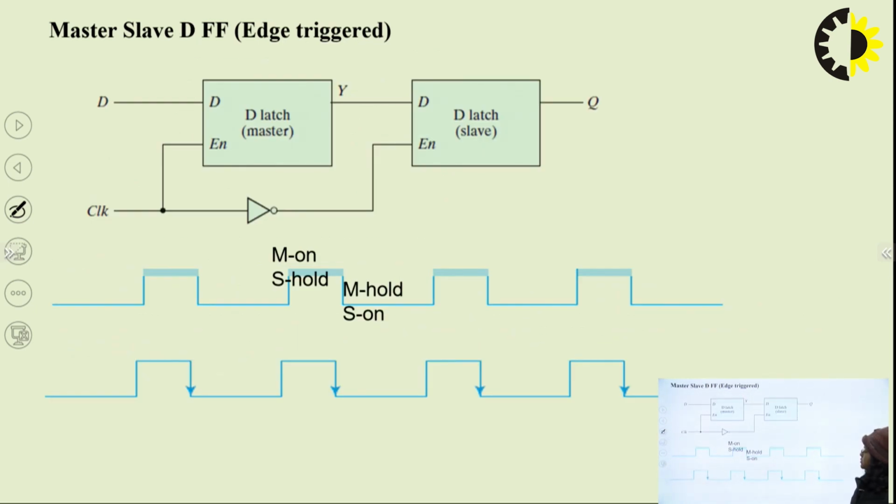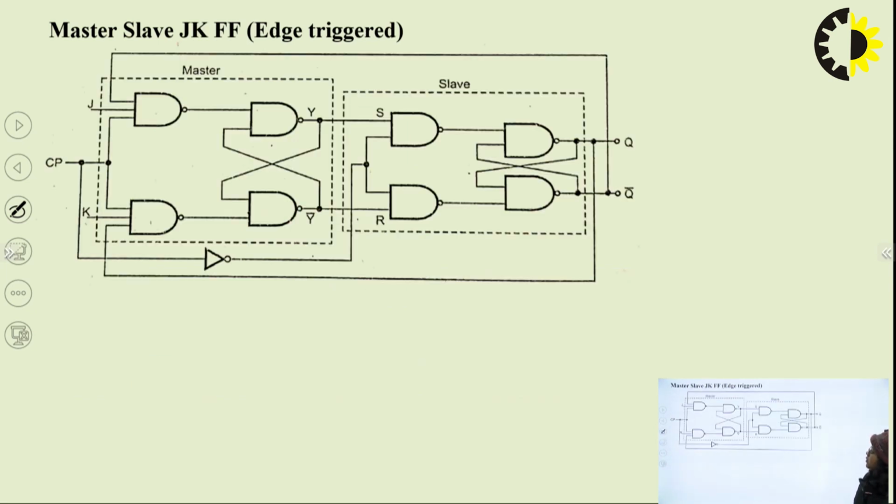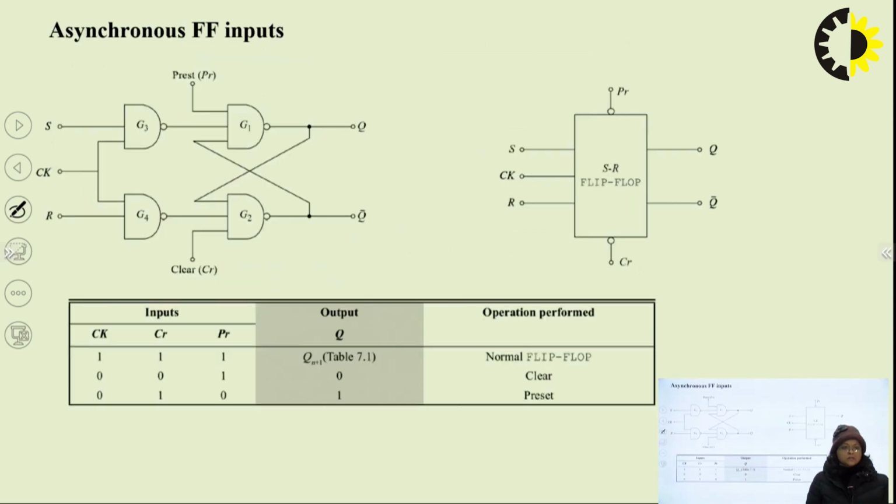So this is the master slave SR flip-flop. Similarly, this is the master slave D flip-flop and this is the master slave JK flip-flop. The final output is cross coupled with initial input, and there is a NOT gate in between two clock pulses.